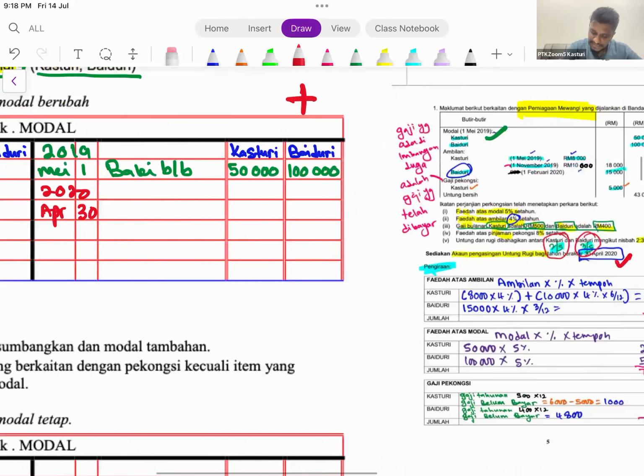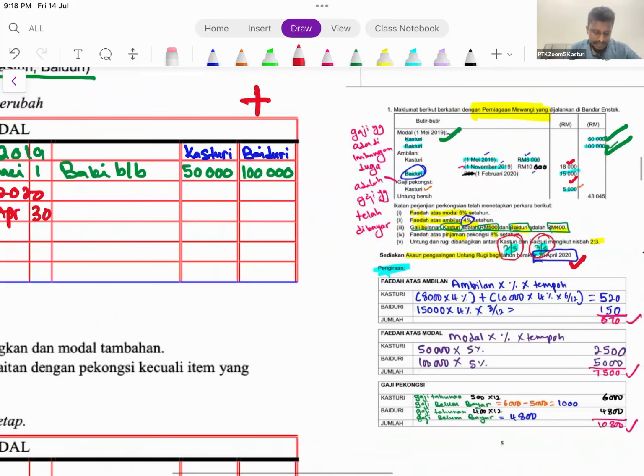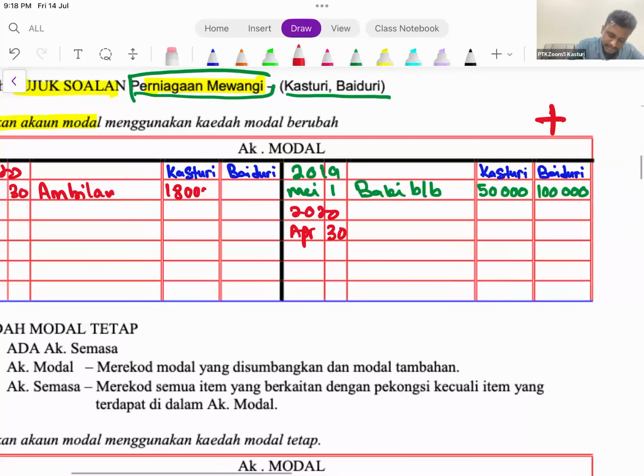Kasturi is 18,000, Baiduri is 15,000. Kan?